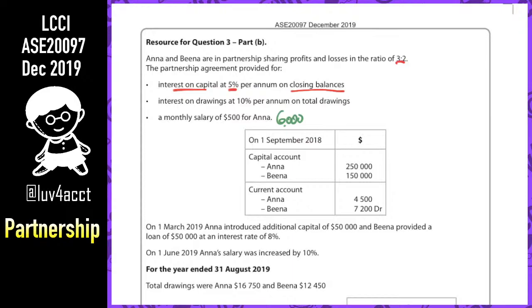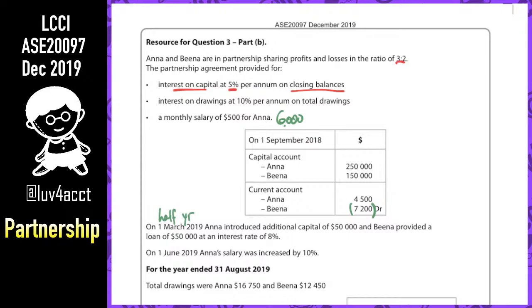The capital account balances, current account balances for the two partners. Bina has a negative current account balance. And then on the 1st of March, how many months afterwards? So it starts in September. September, October, November, December, January, February, and then we have March. So that is half year through.